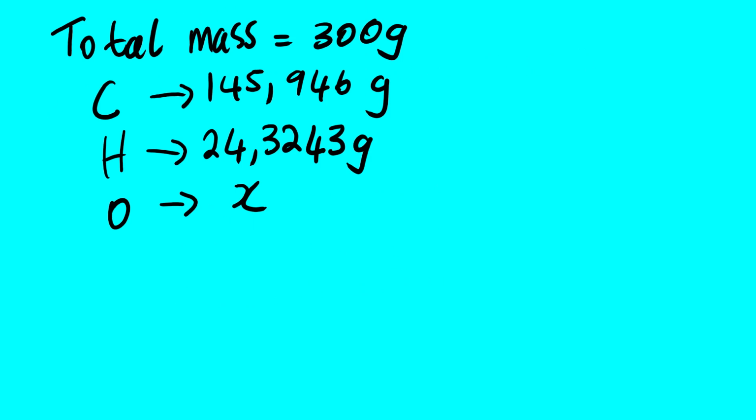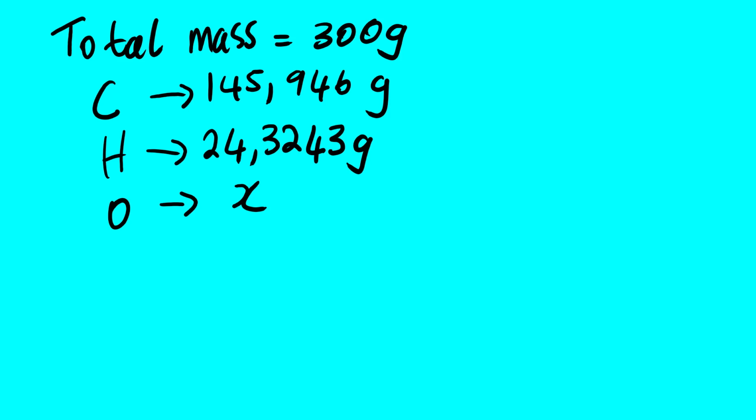Our next example is a bit challenging. It's saying 300 grams of an organic sample which contains only carbon, hydrogen and oxygen is analyzed and found to contain 145.946 grams of carbon, 24.3243 grams of hydrogen, and the rest is oxygen.